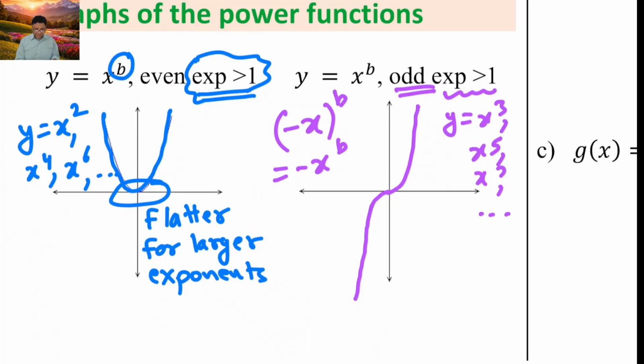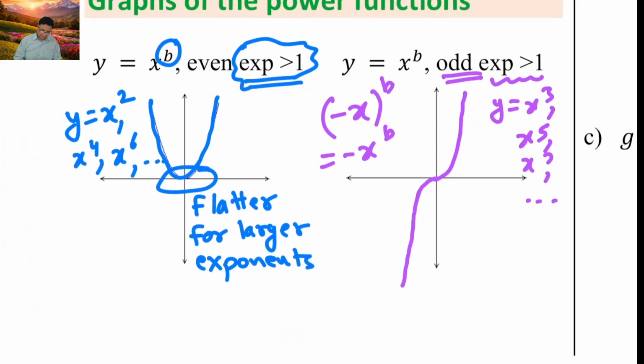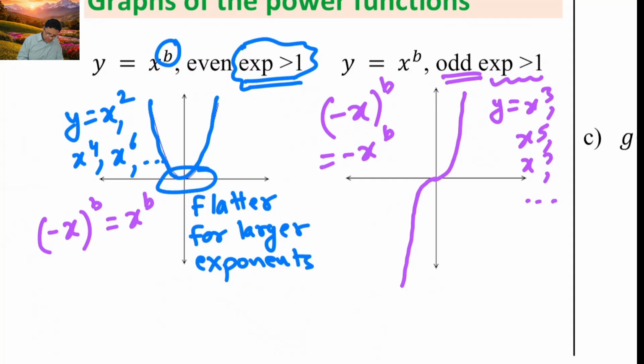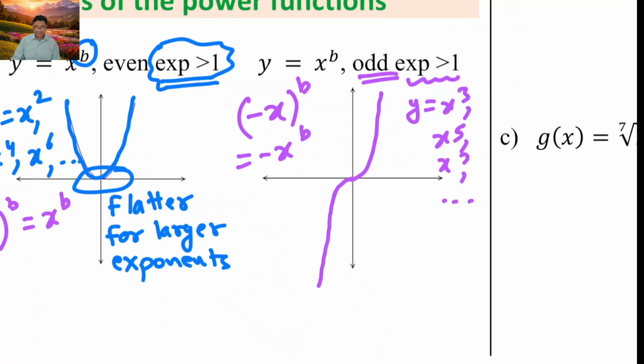That is in contrast with even power, where whether x is positive or negative, the whole power is still always positive. Here I could have written minus x to the power b equals x to the power b when it is even. And when it is odd, it is negative x to the power b, hence that shape.